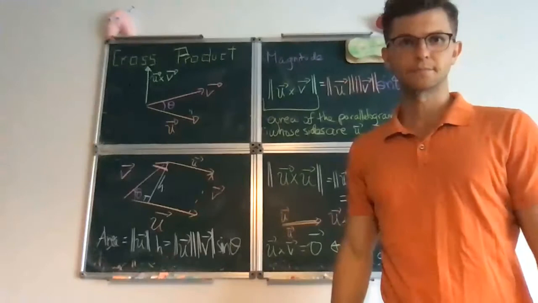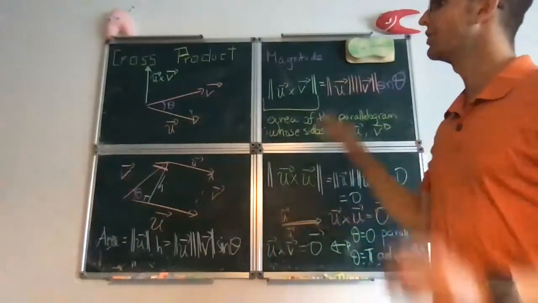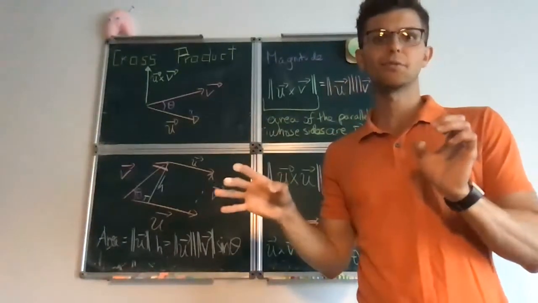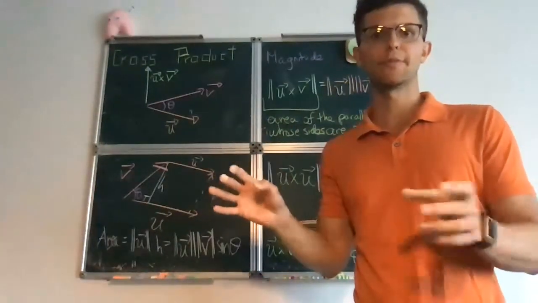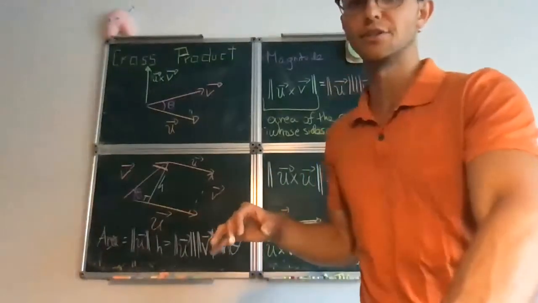Okay? So for now, already with the formula for the magnitude of the cross product, you can say a couple of interesting things. Let me now tell you how the orientation is supposed to work.